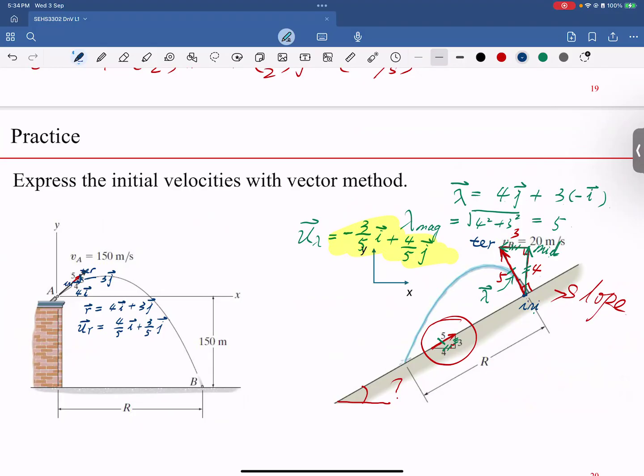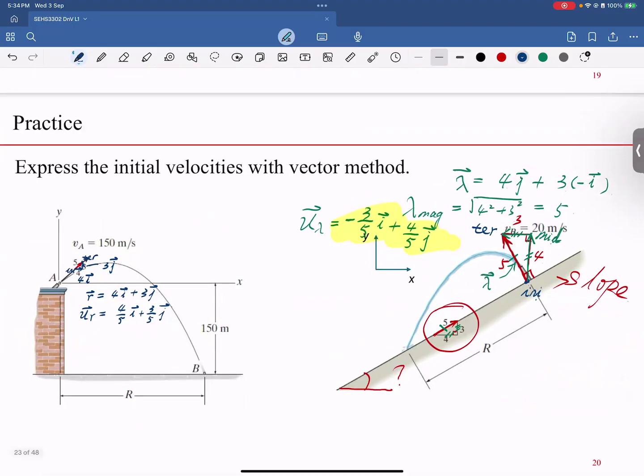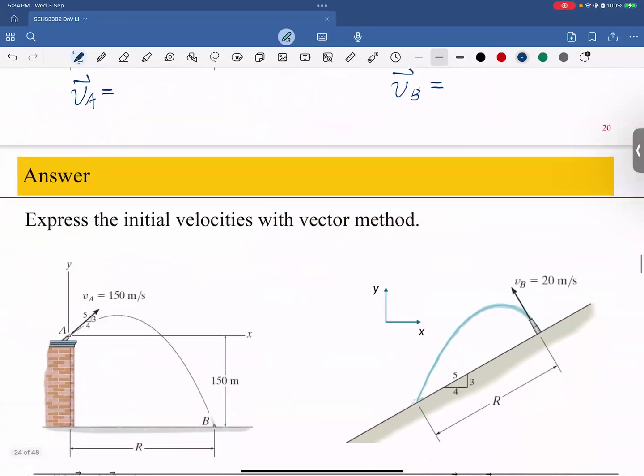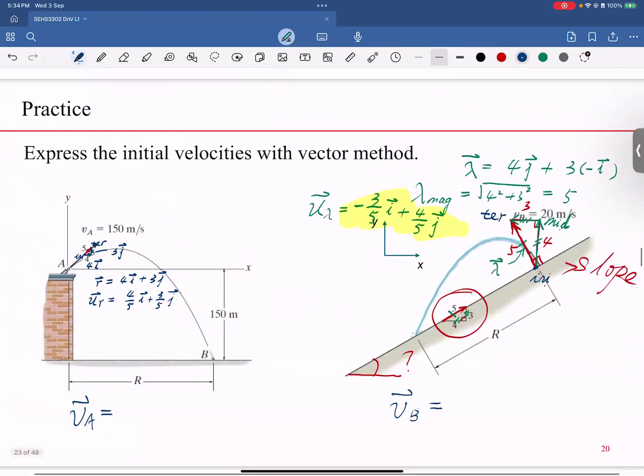So you need one more step. I give you 1 minute. You just write down for this one what VA is, and for this one, what VB is. You have the answer at the next slide, but I want you to feel this process. Finish this process by yourself.